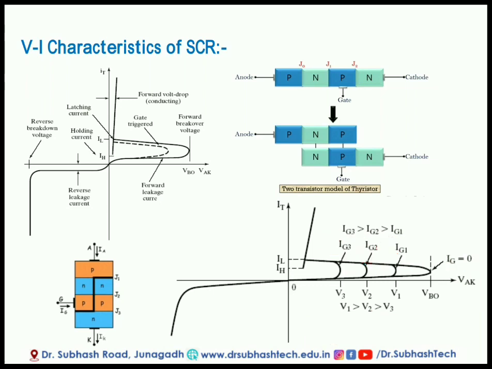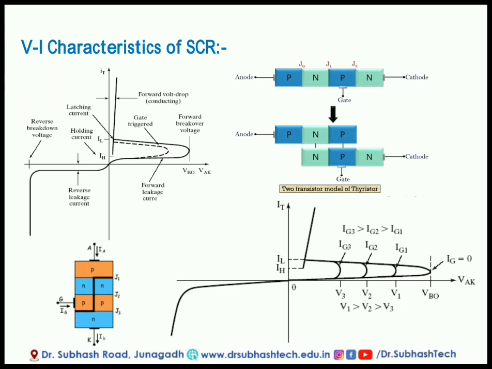The minimum current required for SCR to become on is known as latching current. Whenever the anode current becomes lower than the holding current, SCR becomes off. So holding current is related to turning off the SCR and latching current is related to turning on the SCR. You have to remember these two, holding and latching current of SCR.